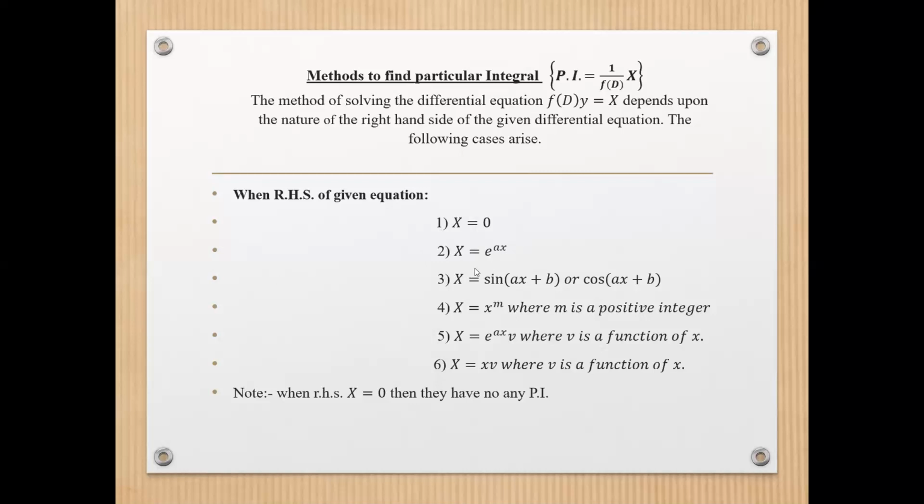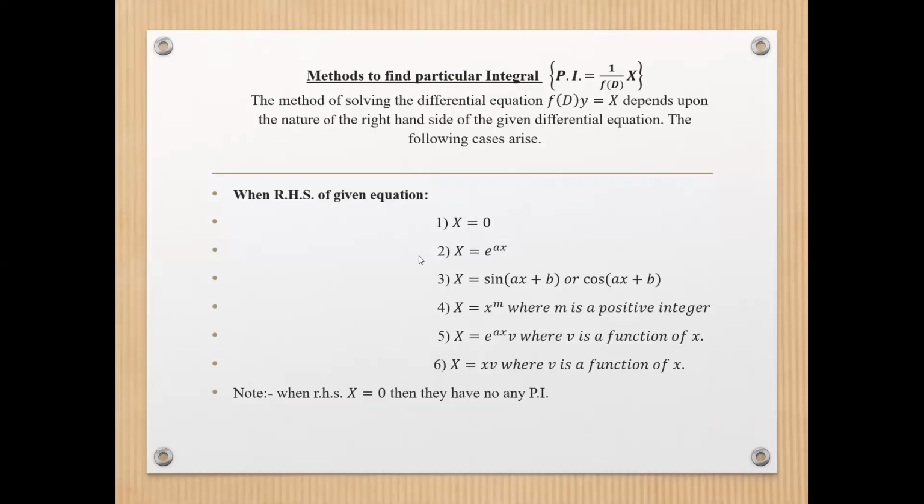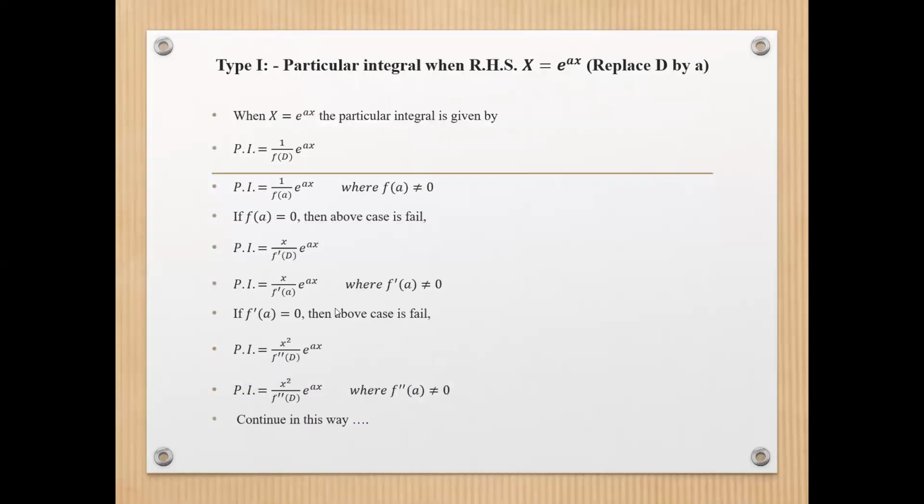Okay, so we will see part number 2 or type number 1. We say this as type number 1, equation 3 as type number 2, type number 3, type number 4, and type number 5. Okay, see type number 1.